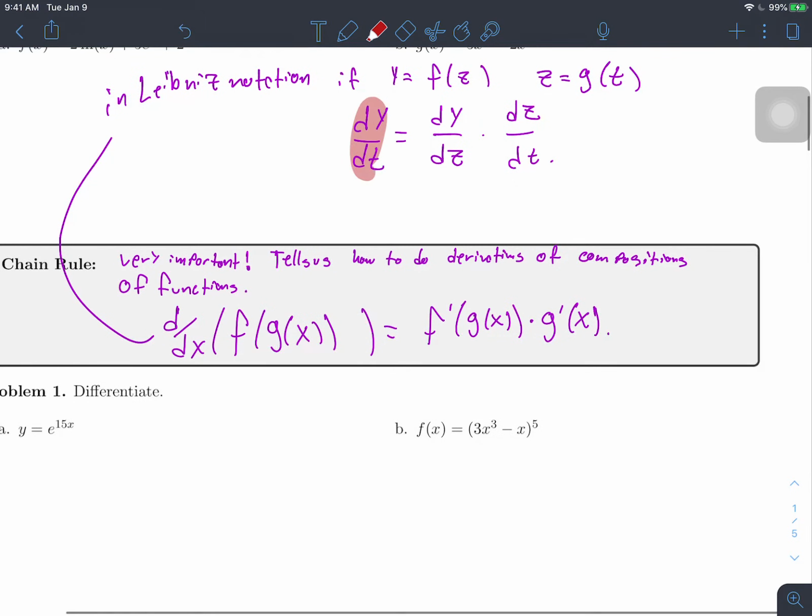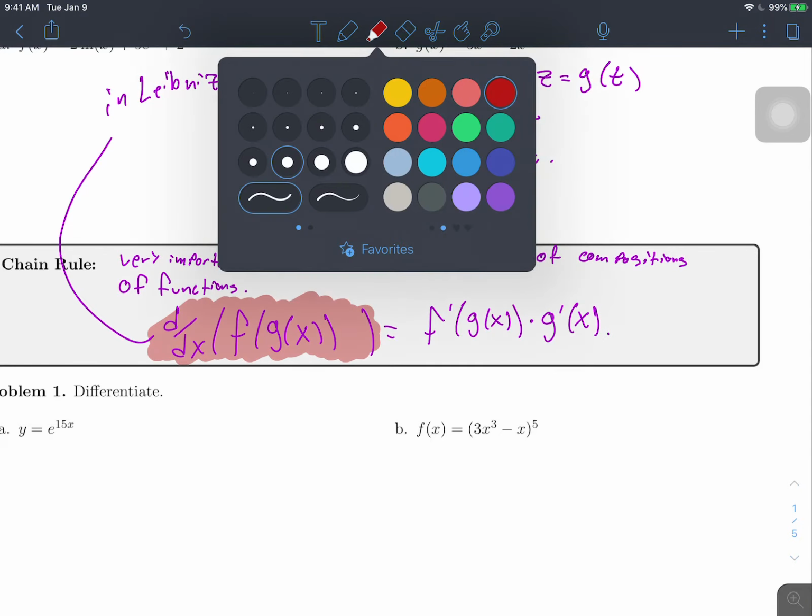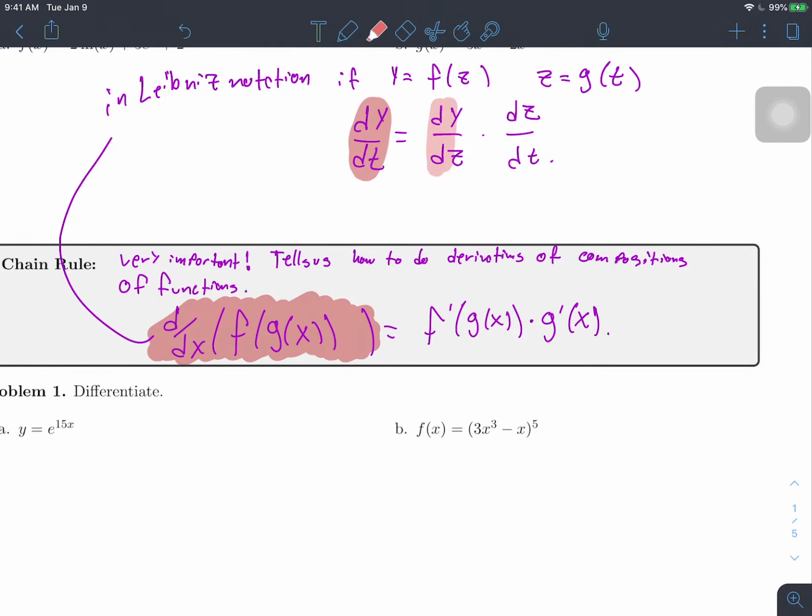dy/dt is the derivative of f of g of x. dy/dz is f prime of z.